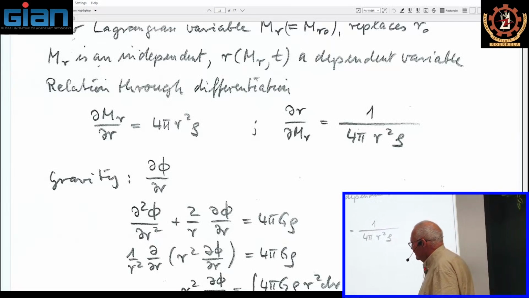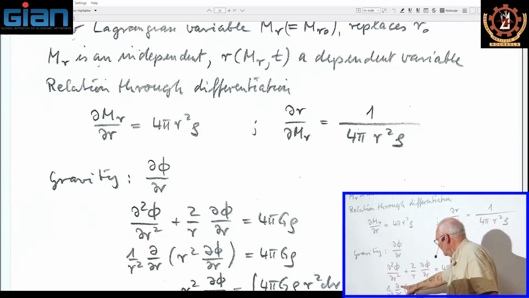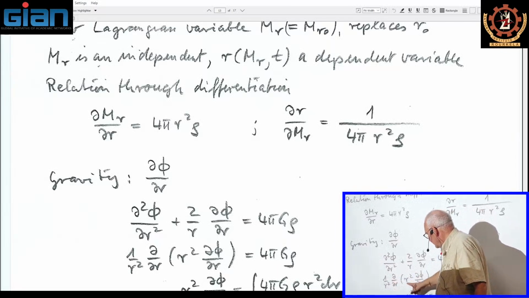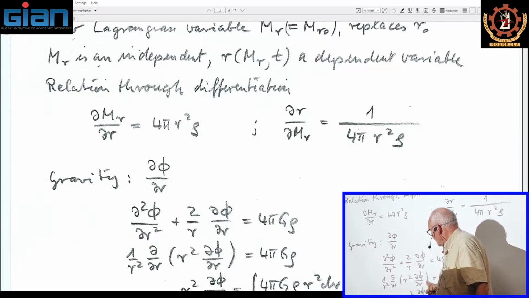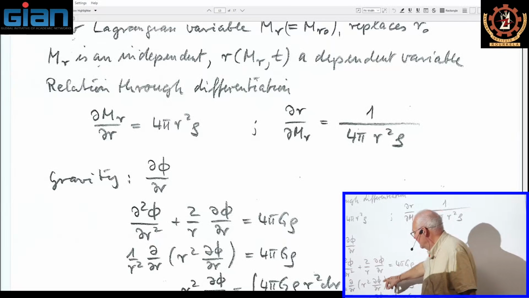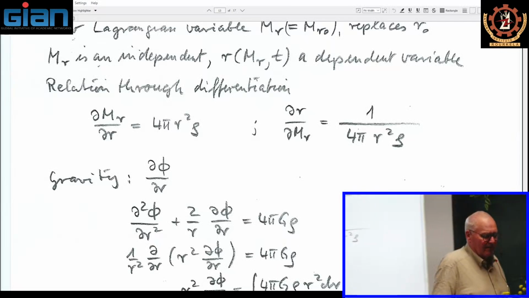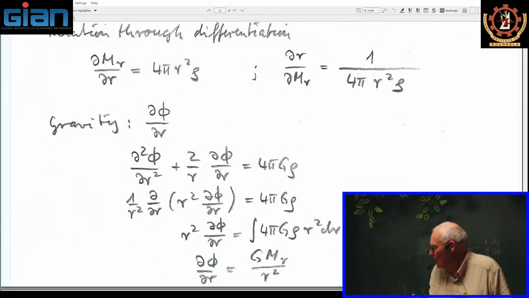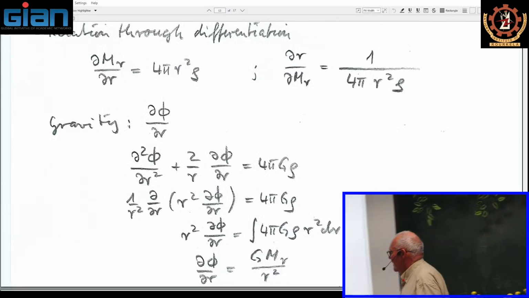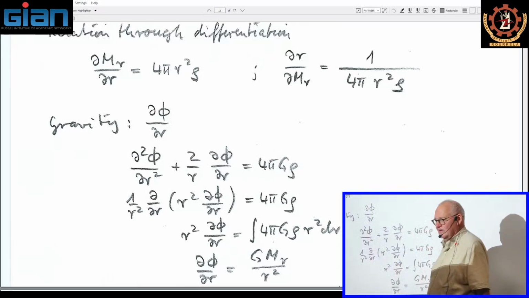Well, we rewrite it a little bit. This expression might be written as 1 over r squared d by dr of r squared d phi by dr. You can convince yourself immediately that these two expressions are the same. Okay, now we multiply the equation with r squared and integrate it.